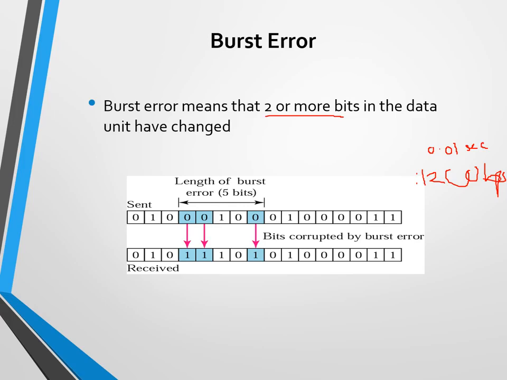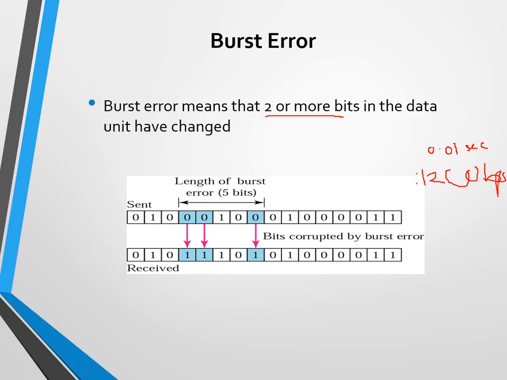This figure shows the effect of a burst error on a data unit. In this case, the data sent was 0 1 0 0 1 0 0 0 1 0 0 0 0 1 1, and the data received was 0 1 0 1 1 1 0 1 0 1 0 0 0 0 1 1.